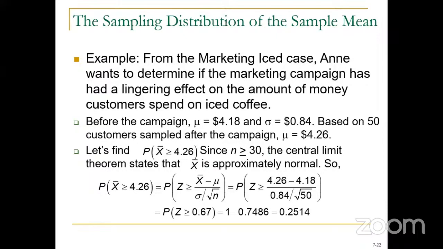So by applying the z-score, we got to know that approximately 25% of people will spend more than $4.26 on the iced coffee, right? So this is part one.